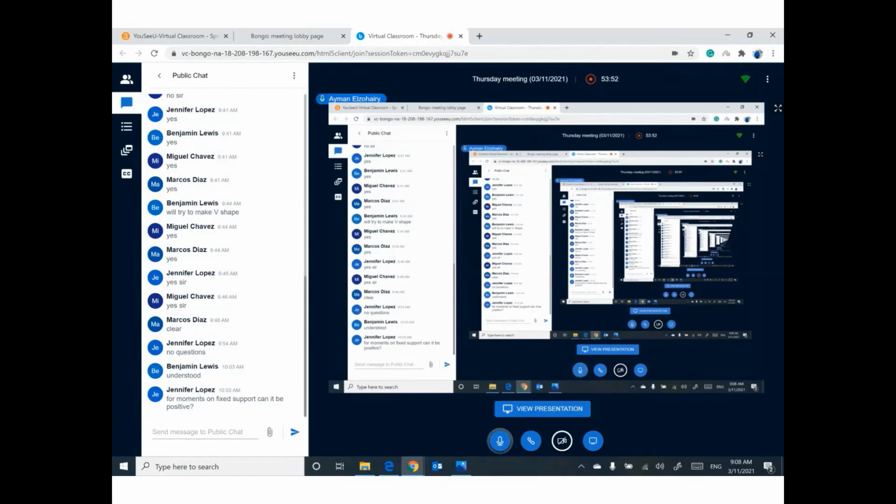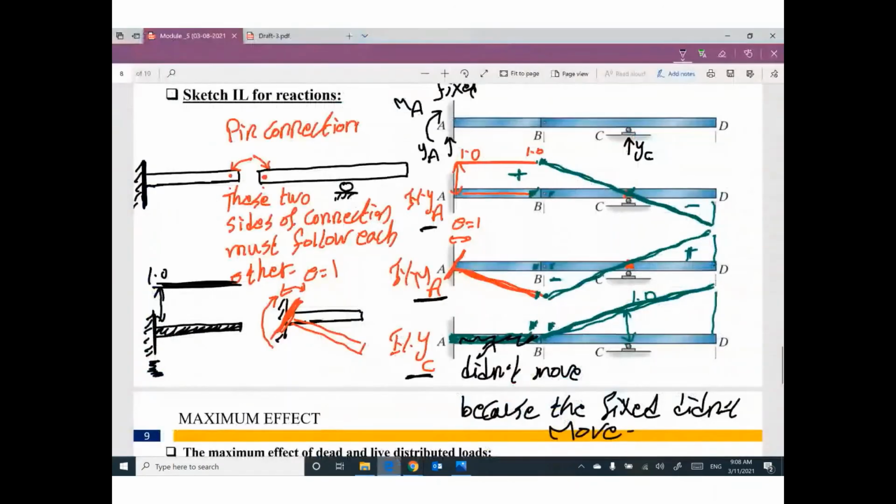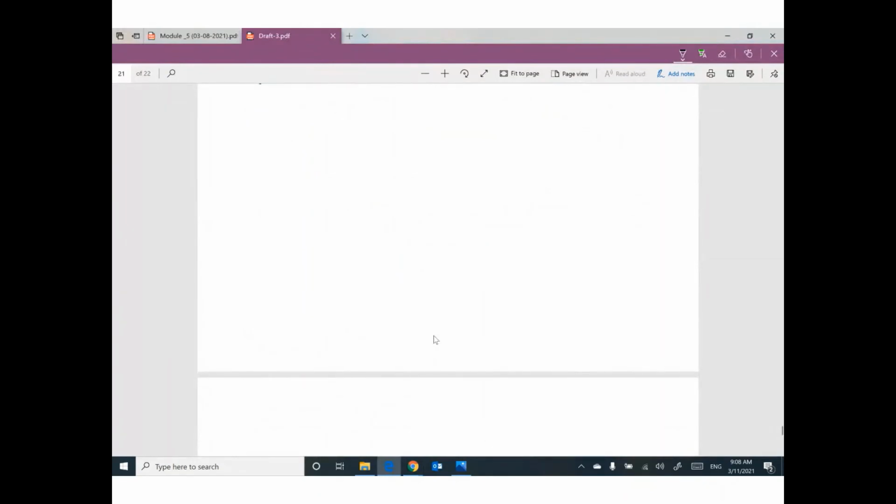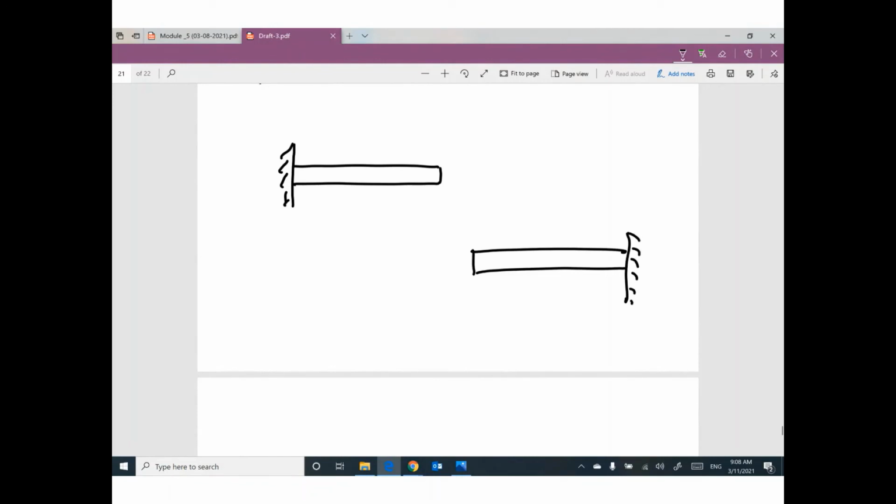Moment at fixed will never be positive. All the time it will be negative. So let's start. We have two cases: the fixed is on the left side of the beam, or the fixed is on the right side of the beam. If you would like to assume this moment to make this beam smile, so no way. If you rotate this fixed following this moment, it will be like this.